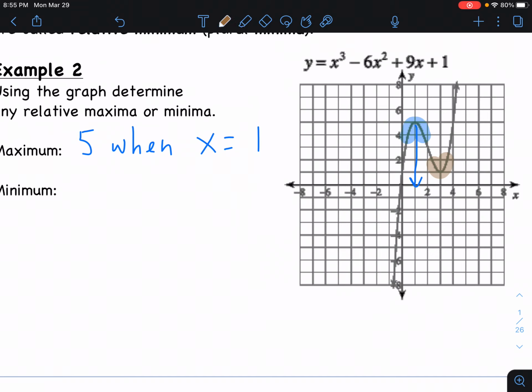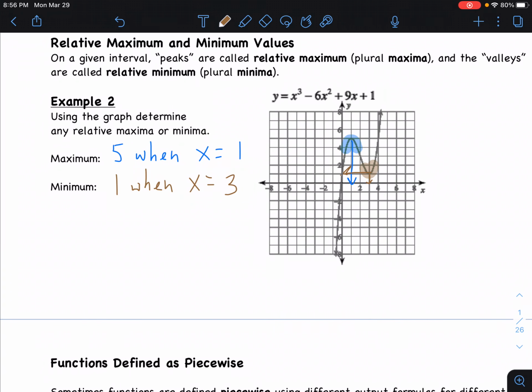If we view the y-axis, that's right here. Well, that's 1. So the minimum is 1, and that occurs when x is 3. Okay, so real easy stuff there.